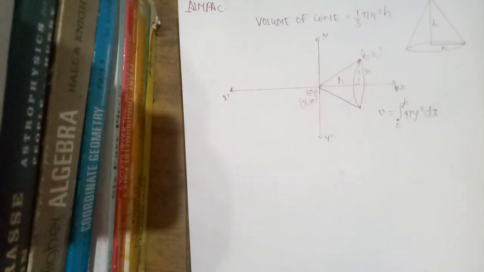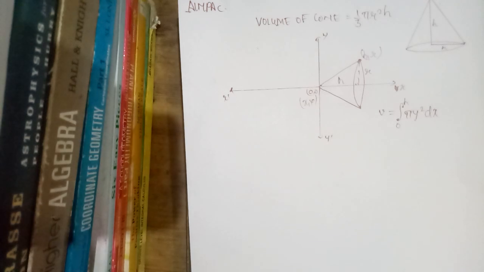So the formula to calculate the volume of any object in calculus is pi y square dx. First of all, we have to frame an equation of y in terms of x, and only then can we integrate it. So let's form an equation of y.